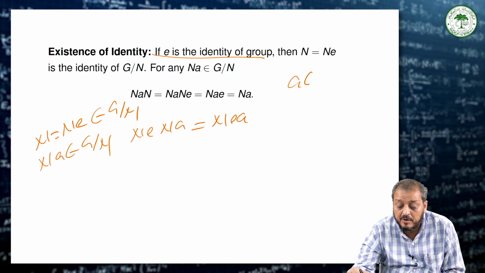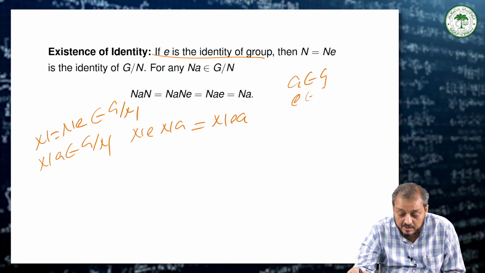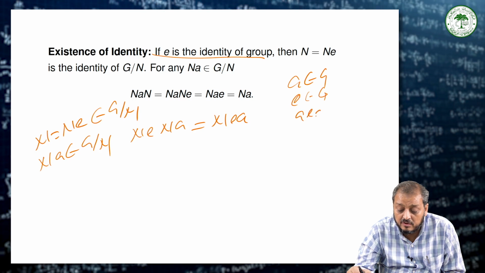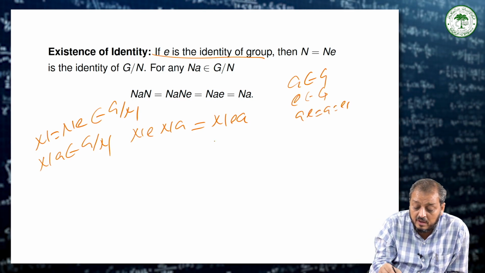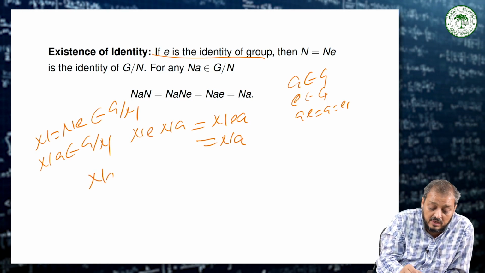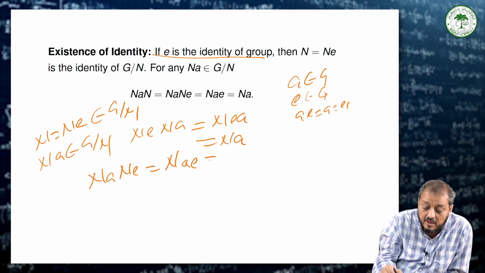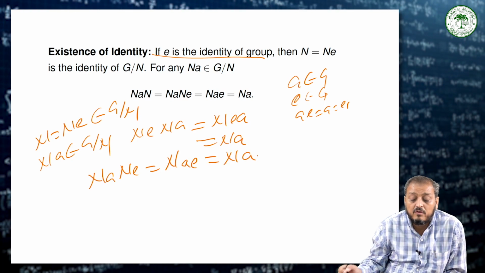Now a is an element of G, and e is also an element of G. Then ae is equal to ea, and this is nothing but equal to Na. Similarly, we can show that Na Ne is equal to Nae, which is also Na.